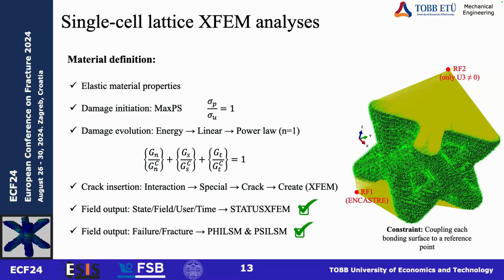And also we need to activate these variables in field output following these chains. This one shows the damage in element, and the last two are for visualization of crack propagation.